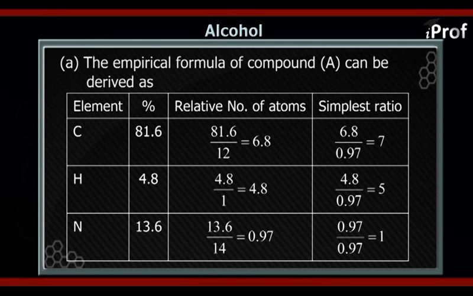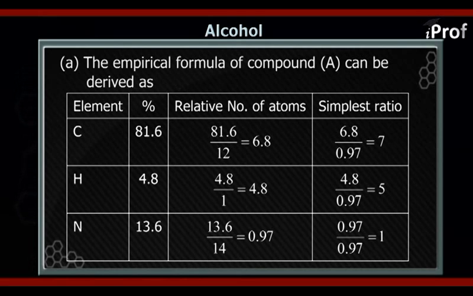So in the next step, to determine the simplest ratio of the atoms in the empirical formula, we divide the relative number of atoms by the lowest number, that is, the relative number of atoms of the atom which has the lowest.